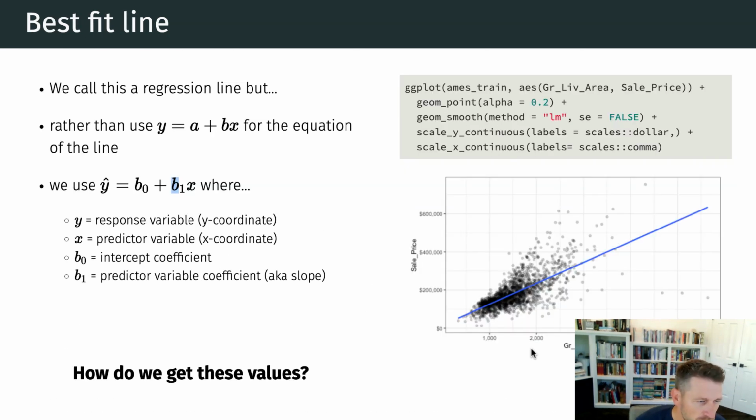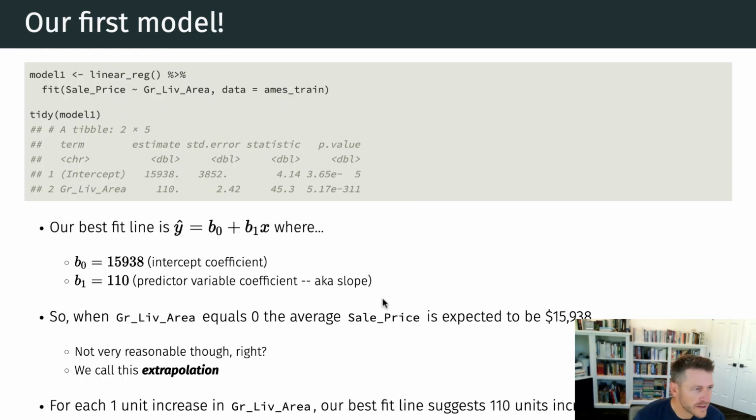And so how do we actually get these values? Because, obviously, behind the scenes, R has computed them and used them to create this line. But how do we get them? Well, we get them when we fit our linear regression model. We fit a linear regression model in the last module, but we really didn't talk about this model at all. But if we look at the model, which we can do with tidy, we get some output.